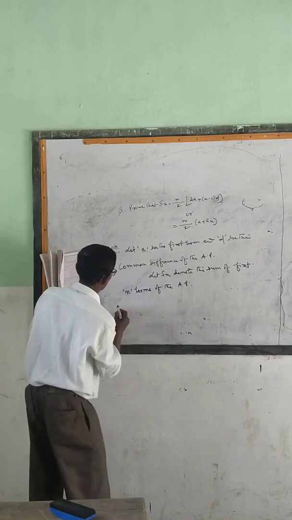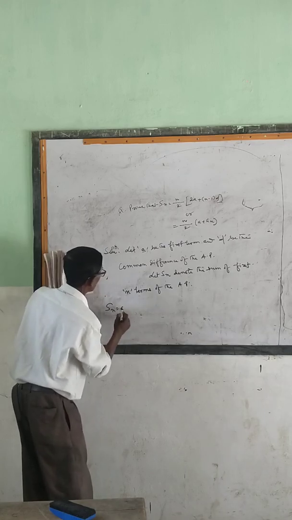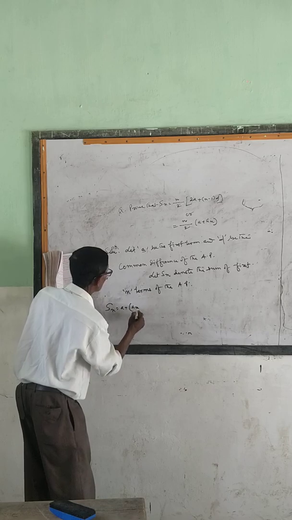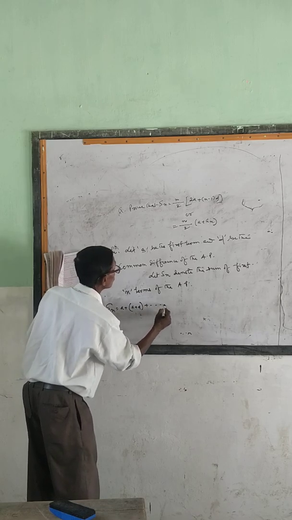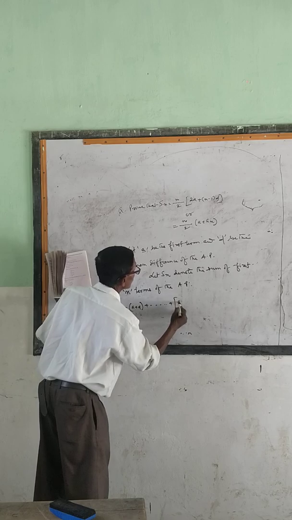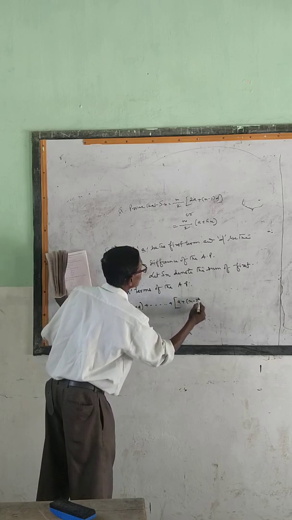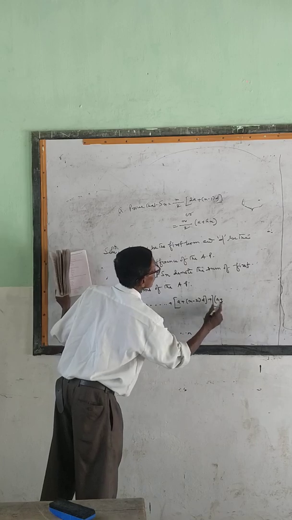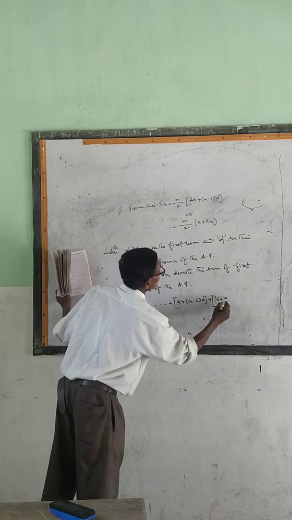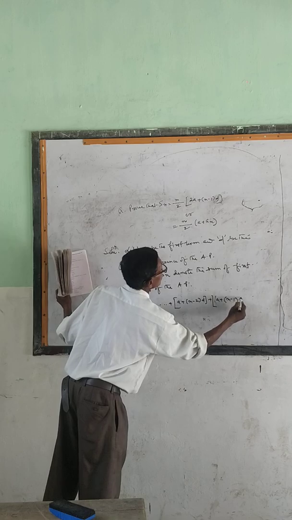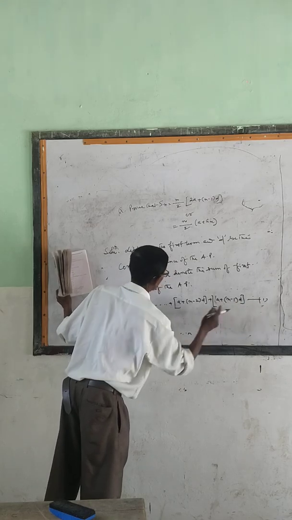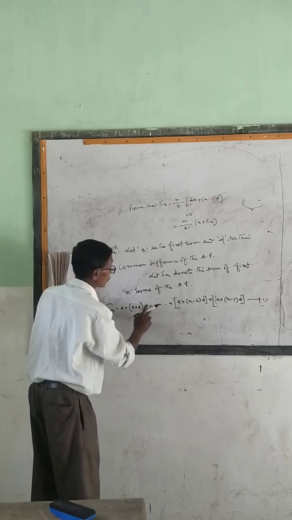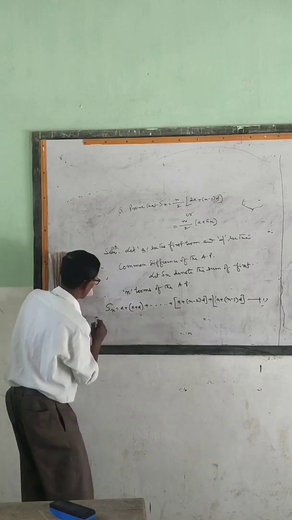Then Sn will be a plus (a + d) plus (a + 2d) plus ... plus (a + (n - 2)d) plus (a + (n - 1)d). This is the equation 1.